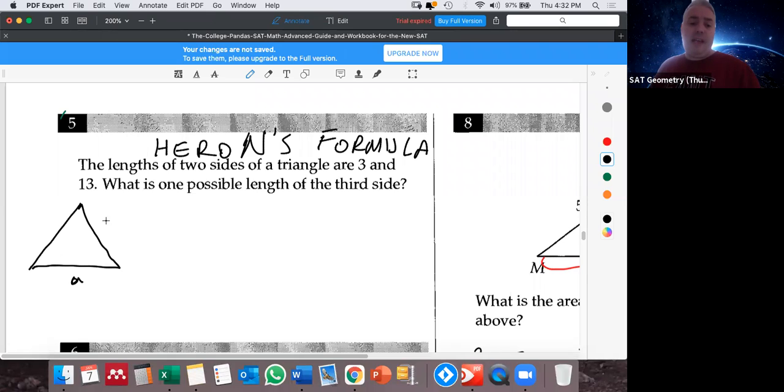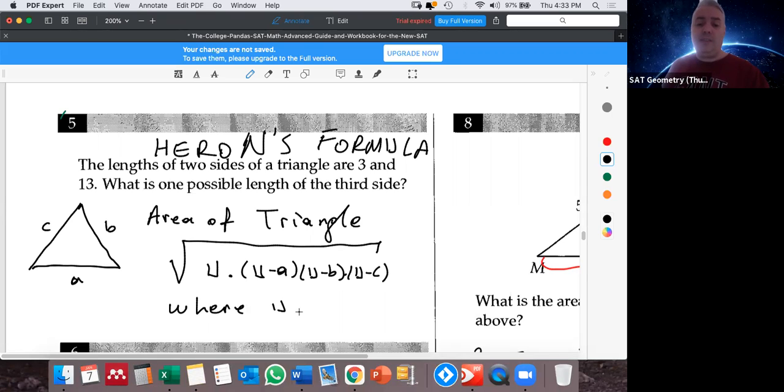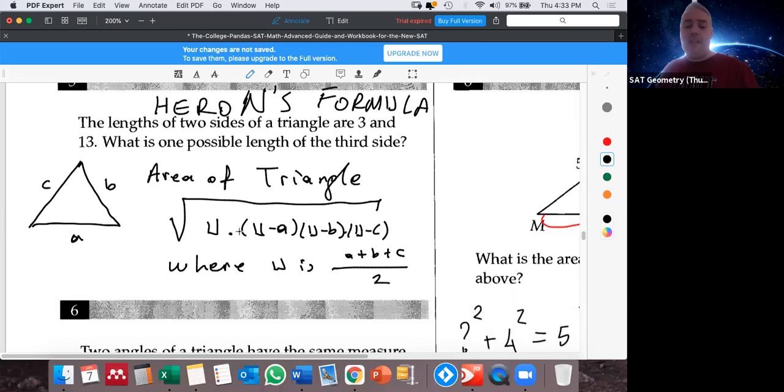If this is A, if this is B, if this is C, area of triangle is, guys, be careful, square root of u times u minus A, u minus B, u minus C, where u is half of the perimeter. Half of the perimeter. So if I apply the rule, check the rule.